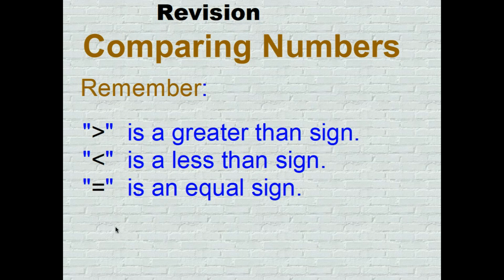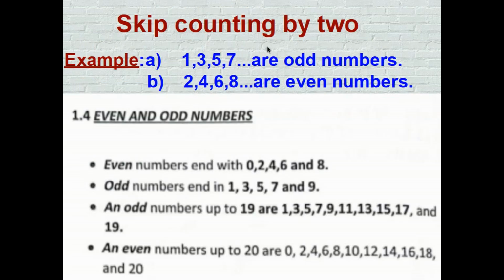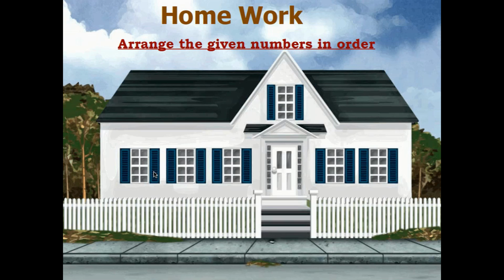Here you have 3 comparing signs: greater than, you can say more than or bigger than, and also less than and equal. And another thing, we have seen skip counting by 2, how it looks, and also even and odd numbers. So with this, try to do one more exercise.